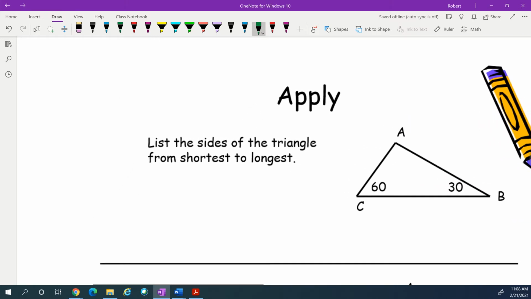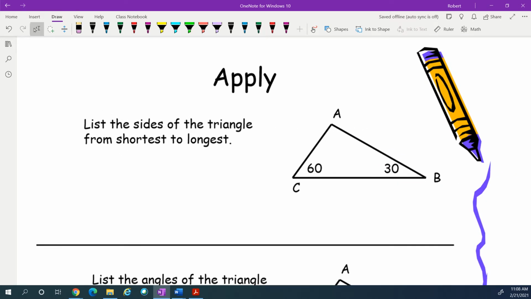So let's apply this. Now, the first thing we notice is that we're missing an angle. We have to find that missing angle. So remember, all the angles add up to 180. So we don't ever want to forget that. 30 plus 60 plus x equals 180. And we know that our missing angle here is 90.